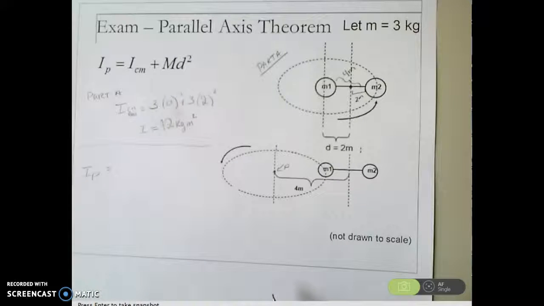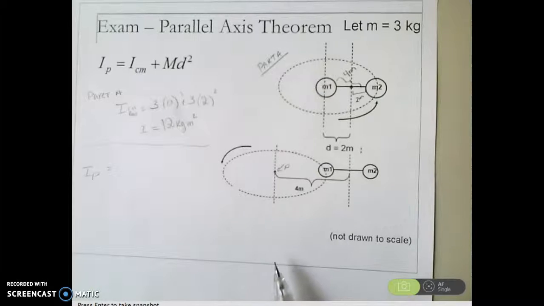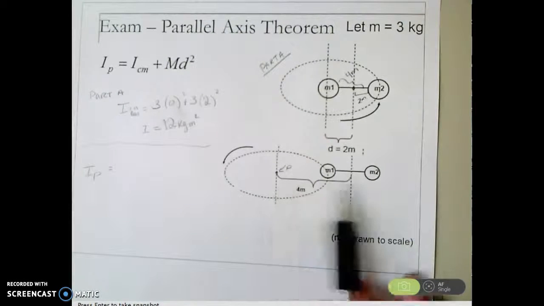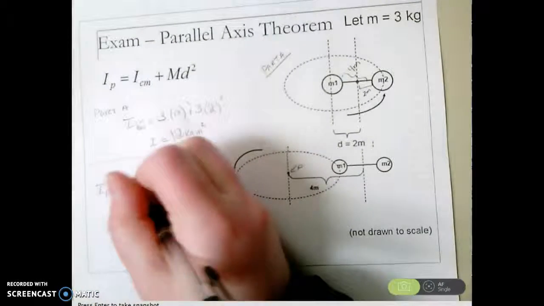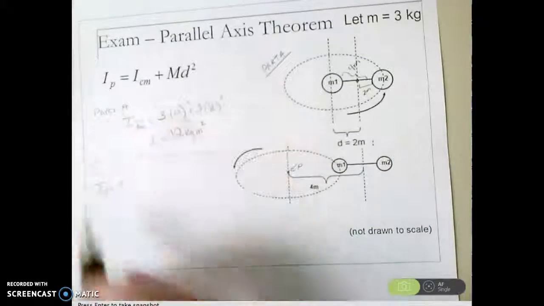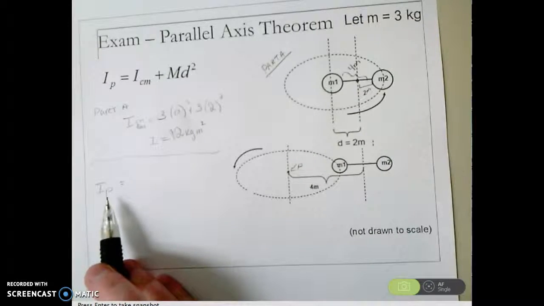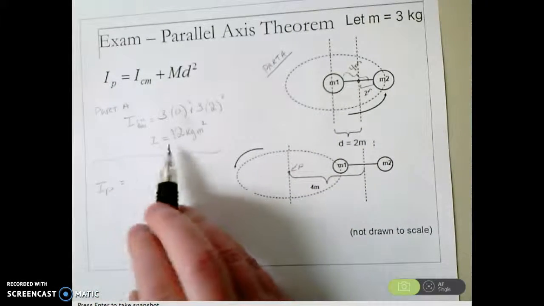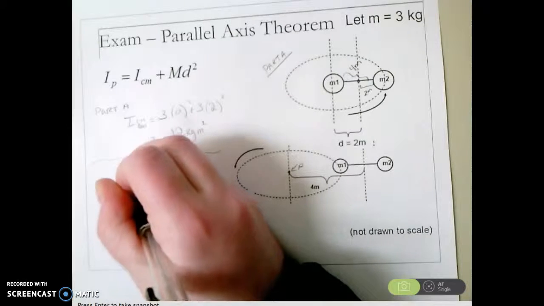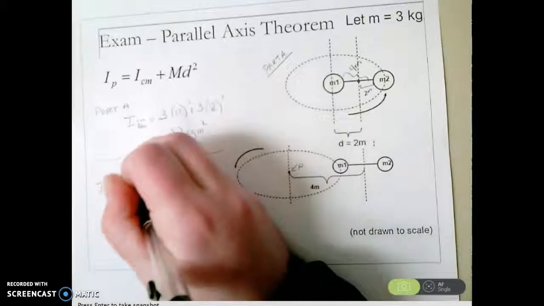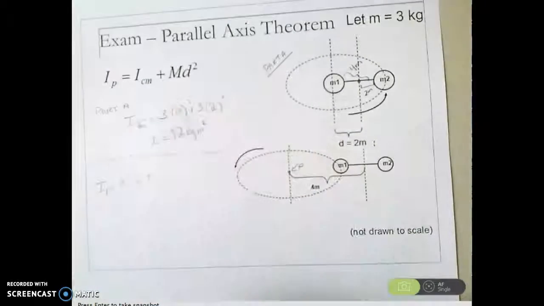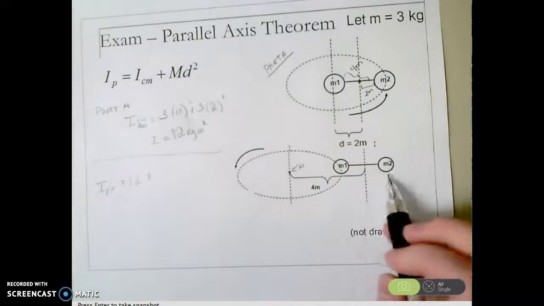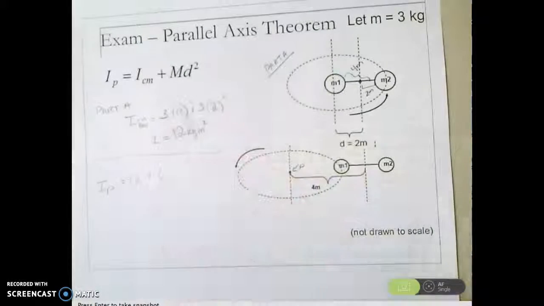This means if we were to rotate to a new location, 4 meters away from our center of mass, using the parallel axis theorem, our new moment of inertia will equal the moment of inertia around the center of mass, which was 12, plus the total mass of the system. Since each of these is 3, that's a total mass of 6.